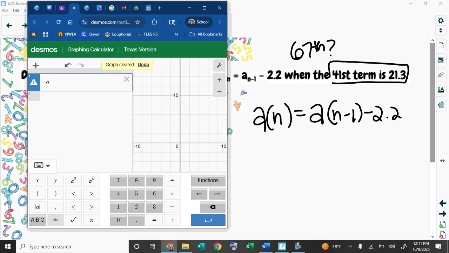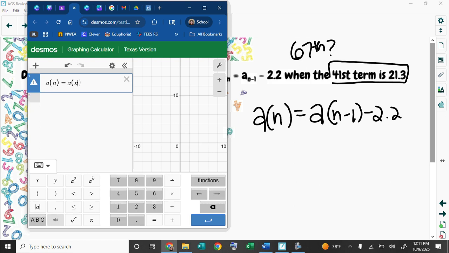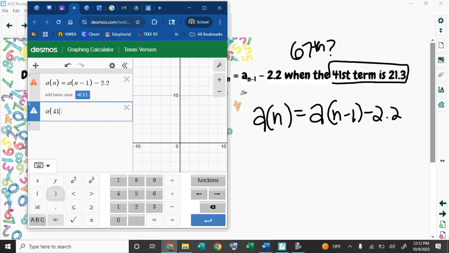A of n equals a of n minus 1 minus 2.2. And it's going to ask you for a case, so we're going to say a of 41, which they gave me, equals 21.3.